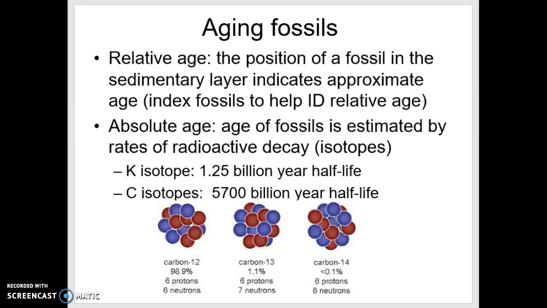So if you grab a handful of carbon and you go, wow, there's 85 parts here, you can do the math and mathematically determine the age of that fossil or age of that sample that contains that volume of carbon. So it's a way to dial it in a little bit more specific than just relative dating, where we're getting a rough picture. Absolute dating gives us a much finer picture of time.